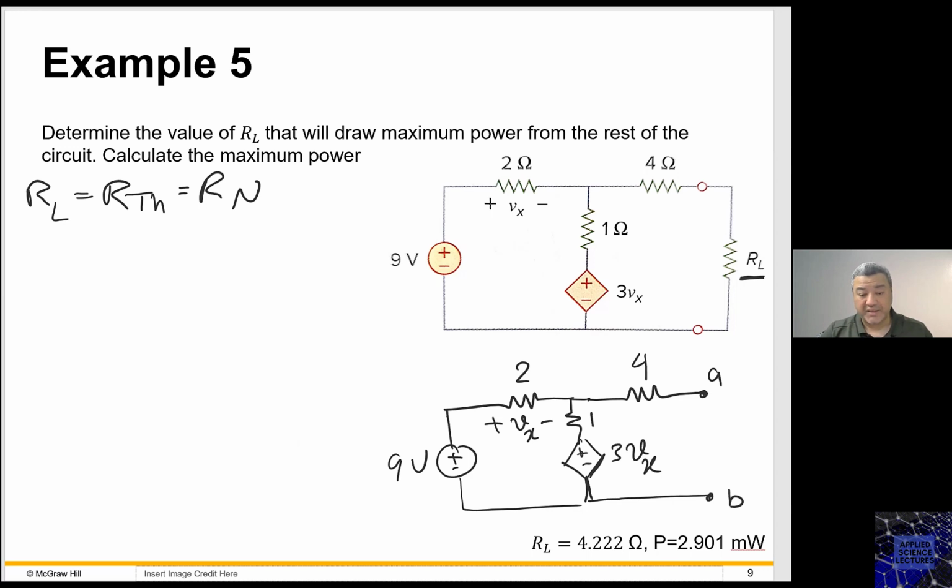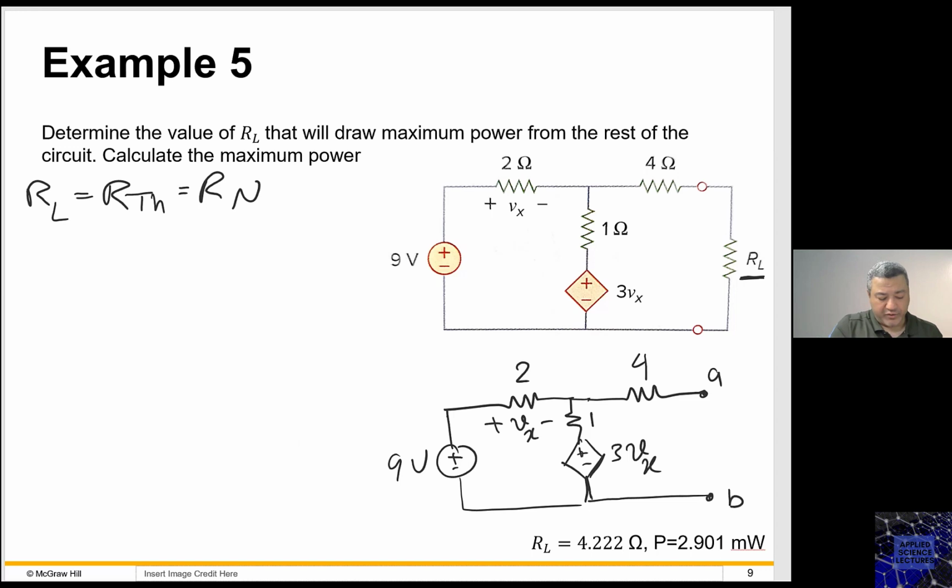Well, this circuit has a mix of dependent and independent sources, which means if I want to find R Thevenin, I can go V open circuit, I short circuit, and then find the ratio. This is one of the approaches. Or I can hook up a source at the output, switch off the 9 volt, which is independent, and calculate how much current would be withdrawn from that source.